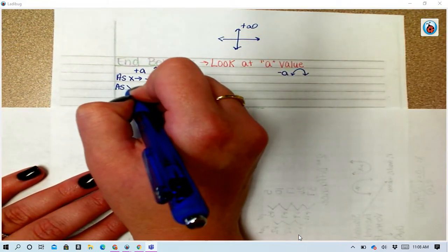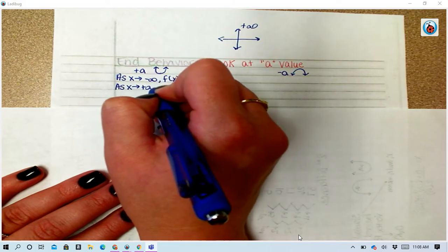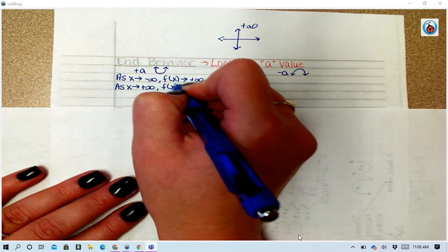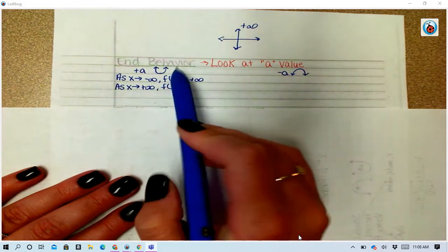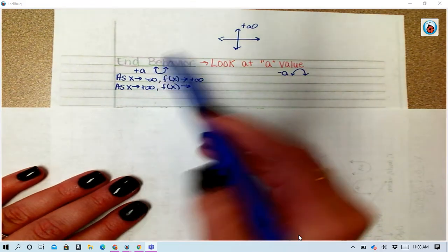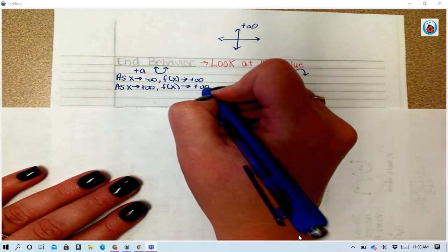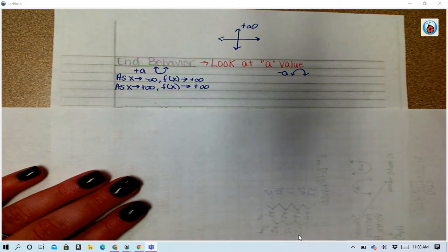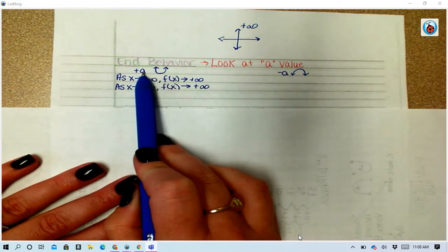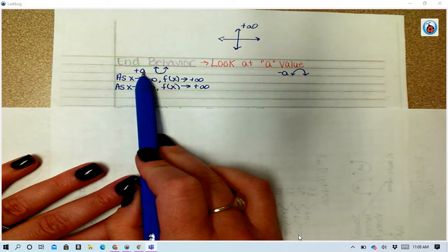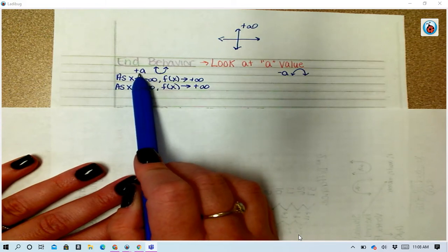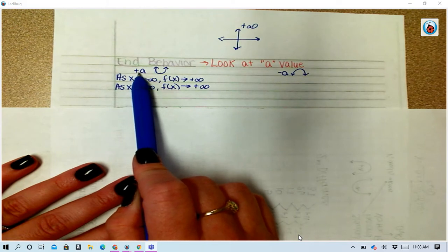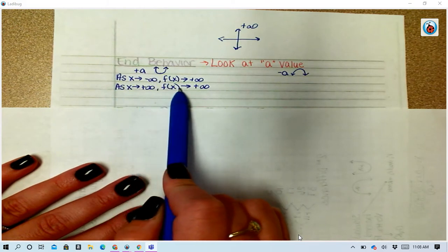Finishing the other side, as x goes to positive infinity, f of x goes to, so on the right-hand side, which way does your arrow point? Also points up towards positive infinity. So it doesn't matter if that first number is a positive 7, a positive 27, a positive 1/2. If that first number, that a value, is positive, this will be your end behavior.